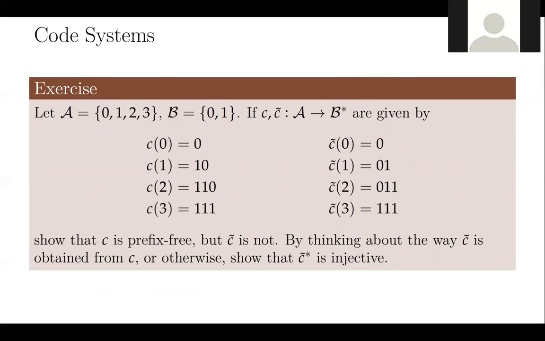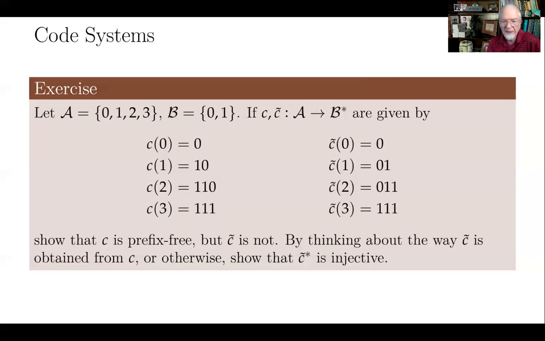Okay, so as an example, suppose we had A = {0, 1, 2, 3} and B = {0, 1}. Then we can map every element of A into B star in 2 different ways. One of them, C, is 0 goes to 0, 1 goes to 10, 2 goes to 110, and 3 goes to 111.